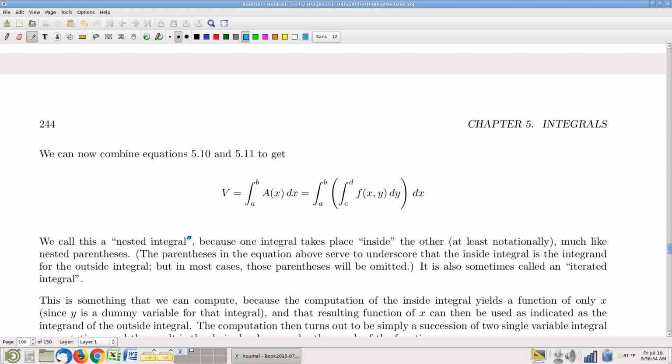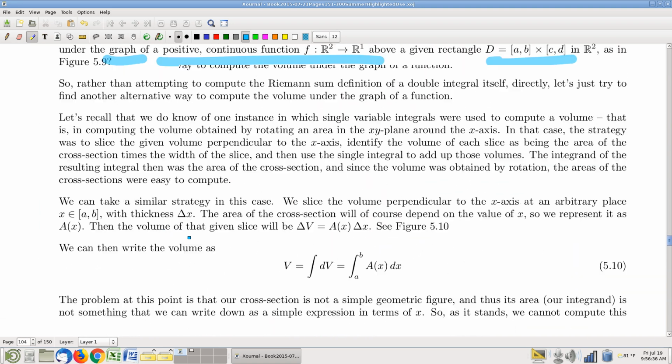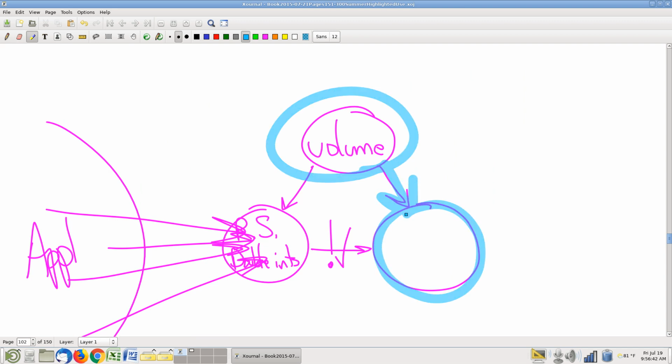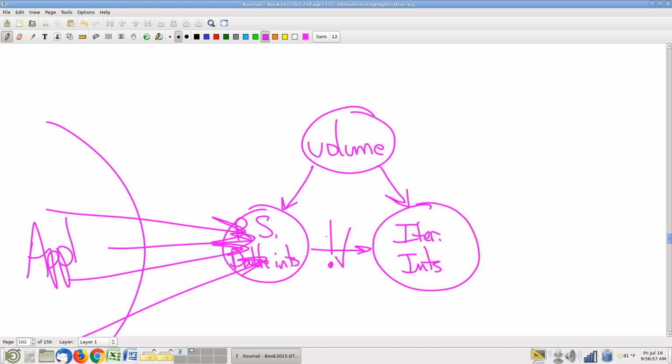Okay, all right, so now reminder, why are we doing all of this? What's the point? Our goal here was in computing volume, in getting a new thing, which, by the way, we can now fill in. This is now iterated integrals. The point to this was not actually so that we can compute volume. The point was to motivate this connection here.